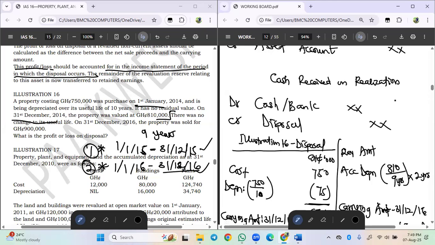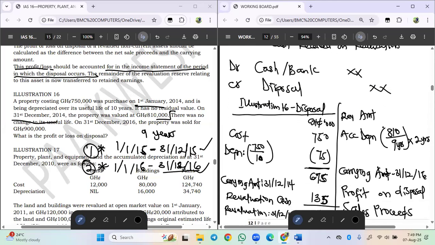Cash received, you debit it with what? 900. You debit your cash or bank, whether they paid with check, 900. Credit disposal 900. Now the difference will also be credited to P&L, because if you are crediting the statement, it means it's either revenue or other income.